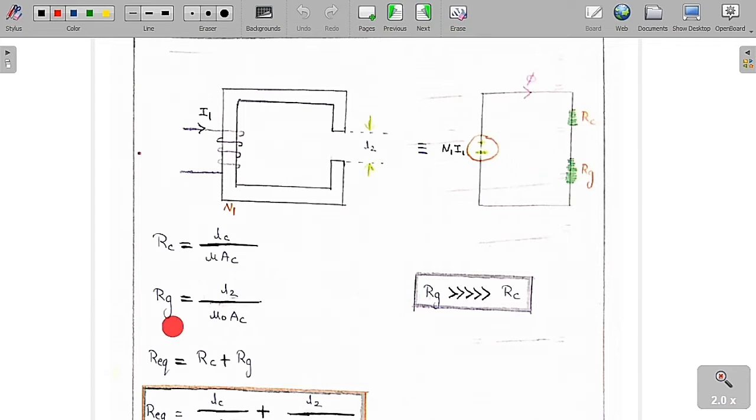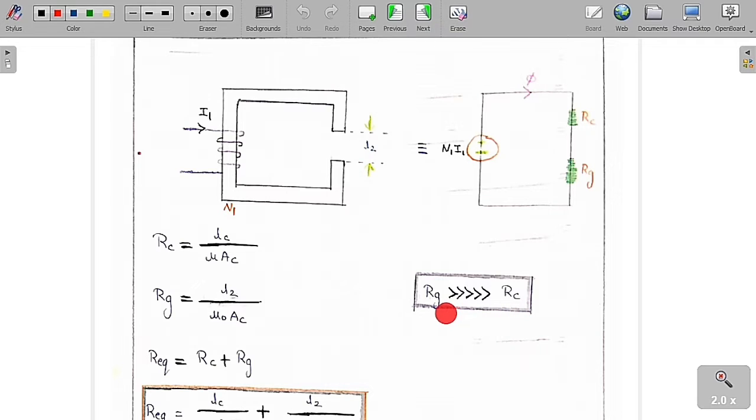Similarly, RG, the reluctance of the air gap, is L2 by mu naught into AC, since mu equals mu naught into mu r, and mu r is 1 for air. The cross-section of the core and the air gap is the same. Since mu is much larger than mu naught, RC is always lesser than RG.